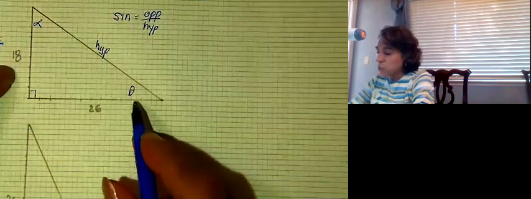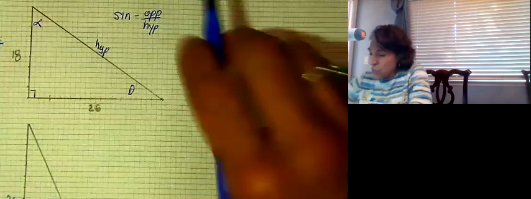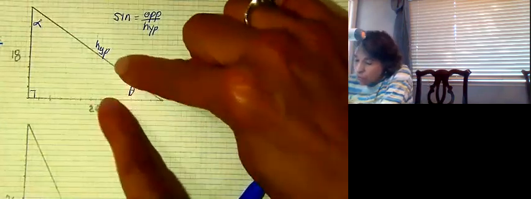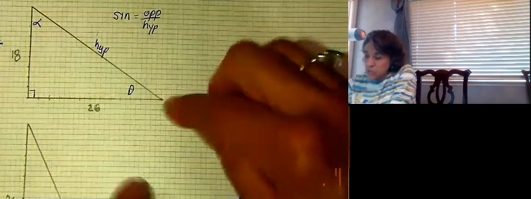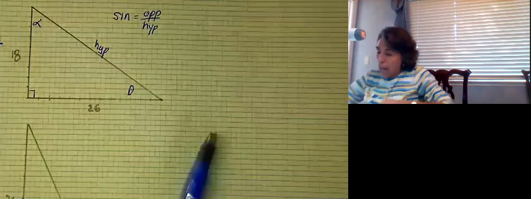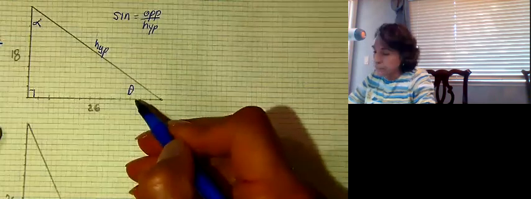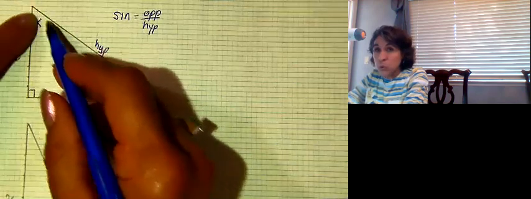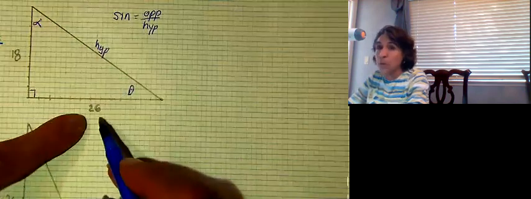So sine would be opposite. You have to visualize outside of this angle going out. Opposite is this side right here. Kind of look at a cone going out. The cone going out, 18 is the opposite of this angle. And likewise, the opposite of alpha, the other side, is 26.